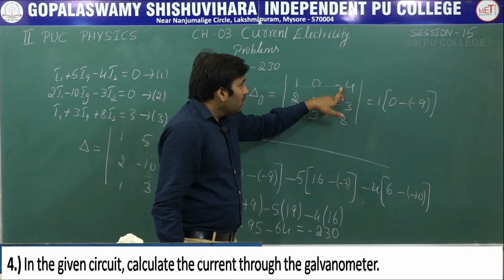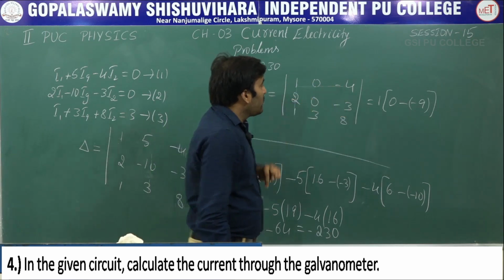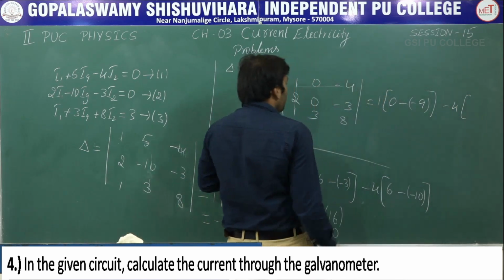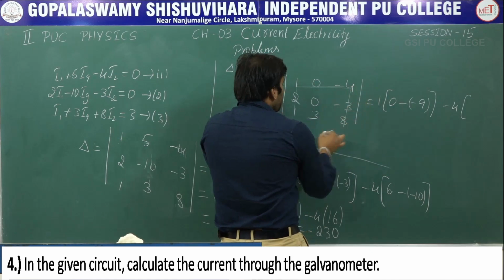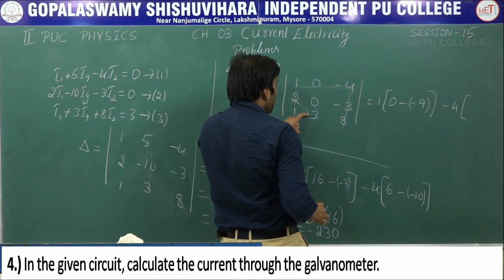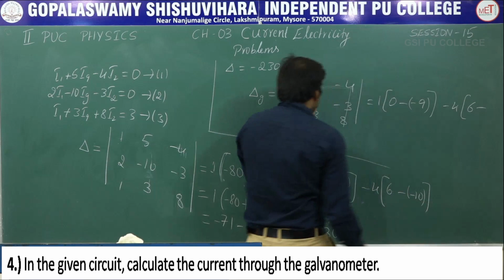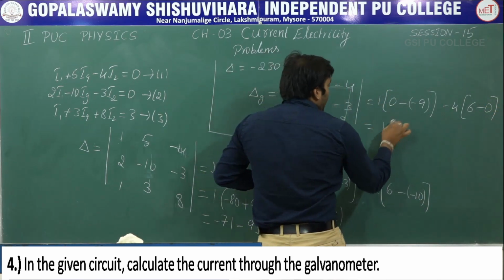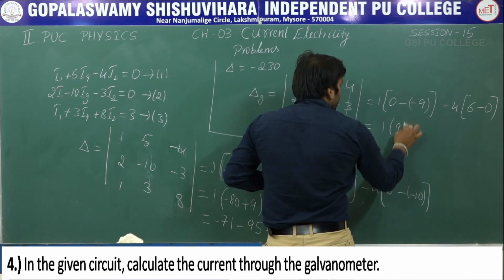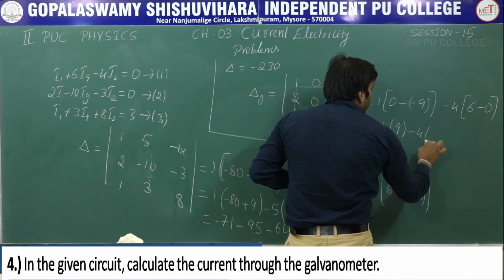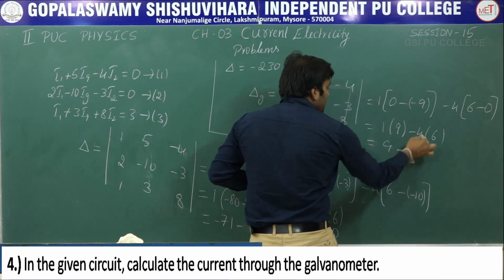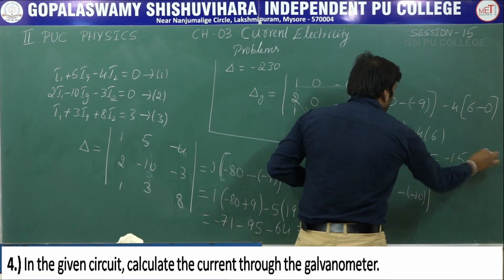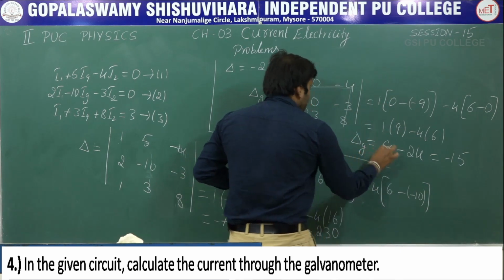Next, the third element of the row is minus 4 into, leave this row and this column and multiply these two. 2 into 3 is 6, minus 0 into 1 is 0. Therefore 1 minus of minus is plus, this is 9, minus 4 into 6. So 9 minus 24 will be minus 15.